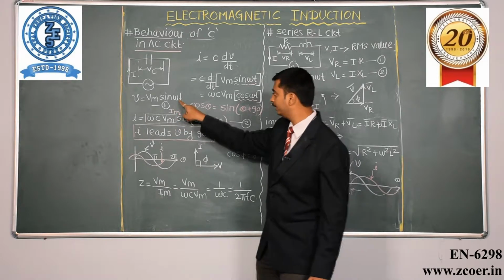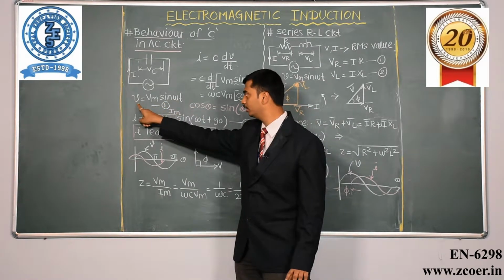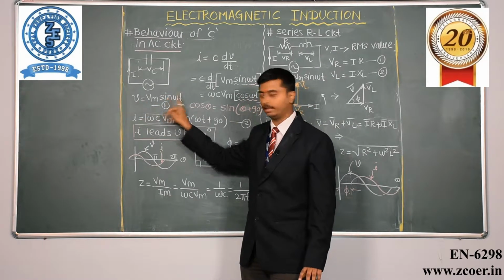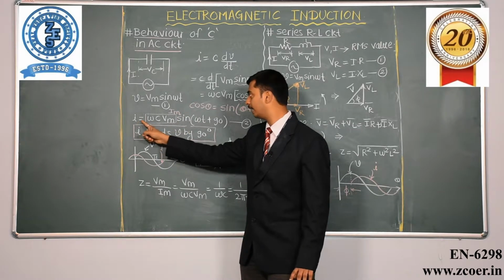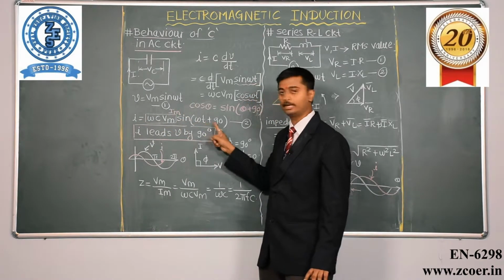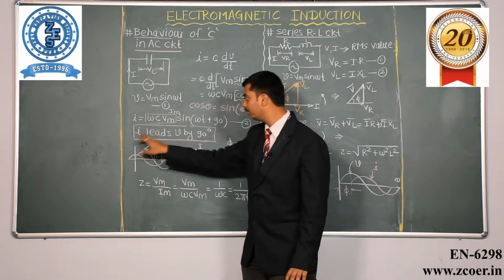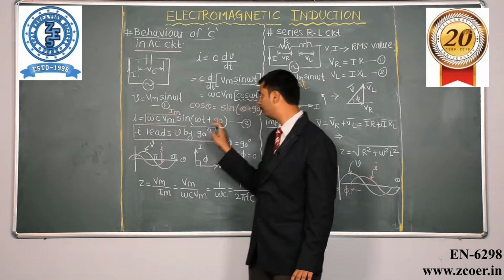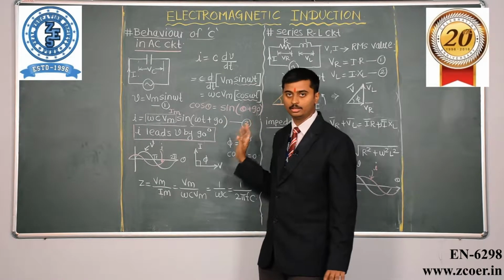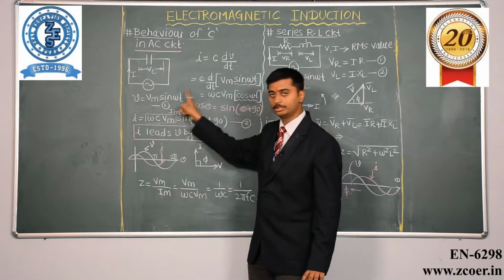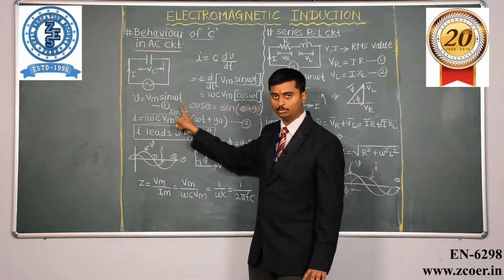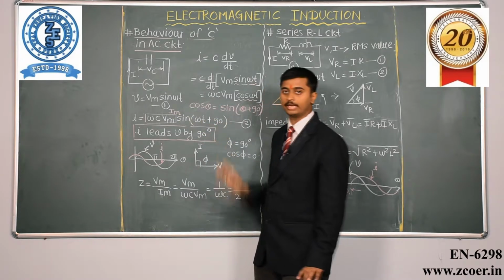So if we compare these two equations, the first, V equal to Vm sin omega t, and the second, I equal to Im sin of omega t plus 90, then we can say that the current leads the voltage by an angle of 90 degrees. Here there is no angle, means omega t plus 0. Here the current is omega t plus 90 degrees.